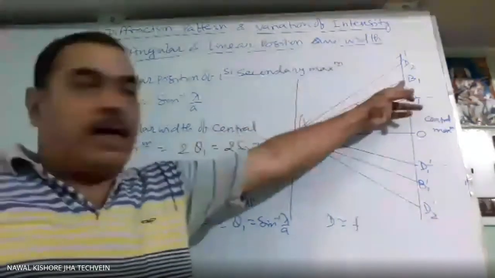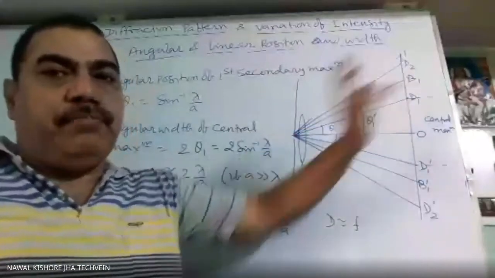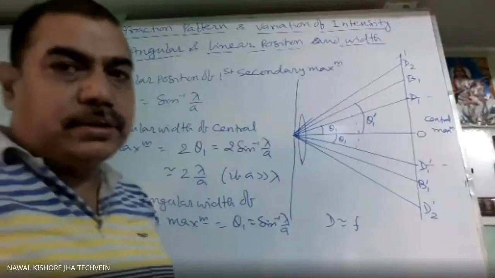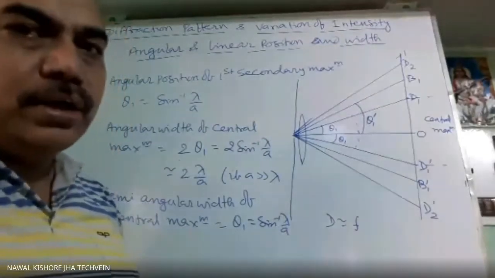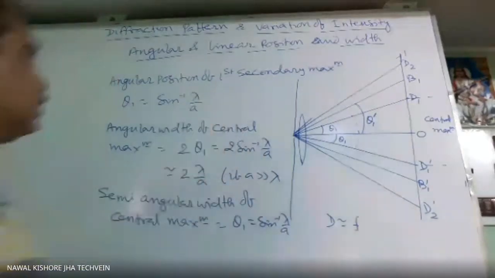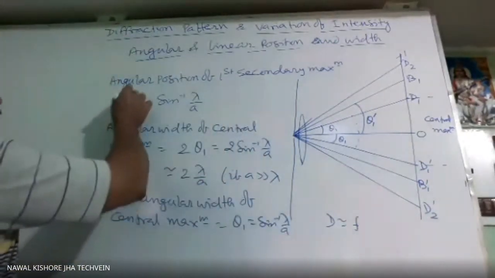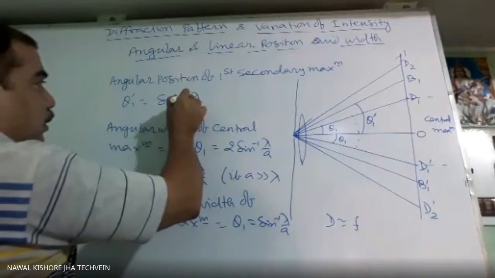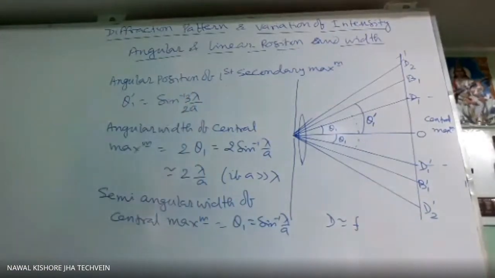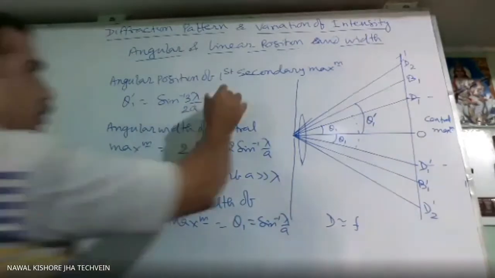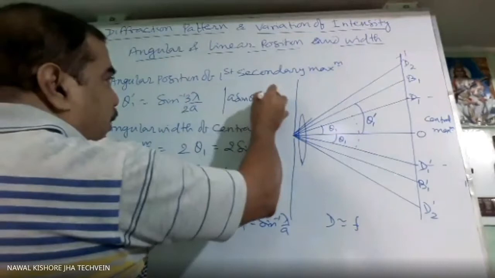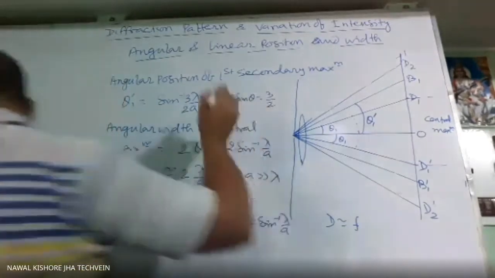At point P we will get maximum under what condition? a sin theta is (2n plus 1) lambda by 2. That is, this theta 1 dash will be sine inverse 3 lambda by 2a. So here a sin theta will be 3 by 2 lambda.